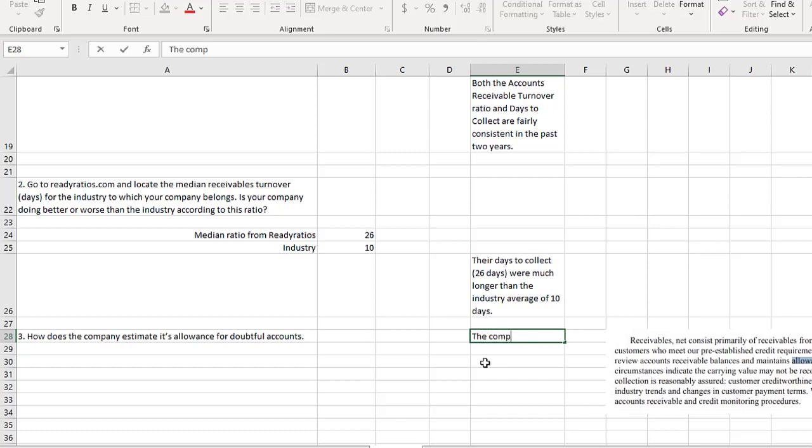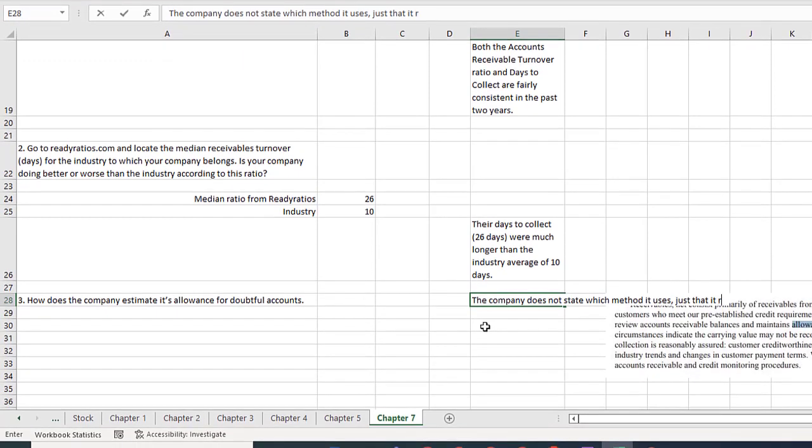The company does not state which method it uses, just that it reviews the accounts receivable on a regular basis.